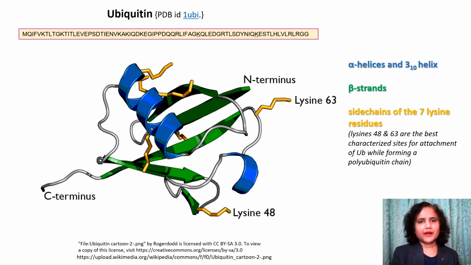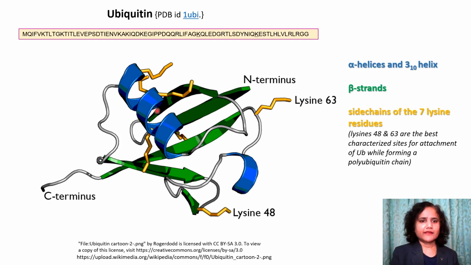So let's try to understand the structure of ubiquitin. Here is shown the structure of ubiquitin, and it has a characteristic ubiquitin fold, also referred to as a beta grasp fold. And this consists of a 5-stranded beta sheet, which has both parallel and anti-parallel beta elements.